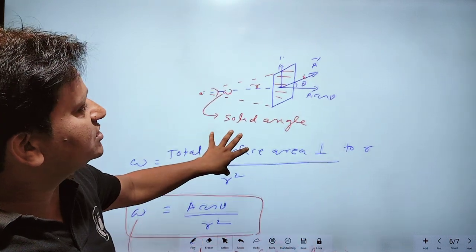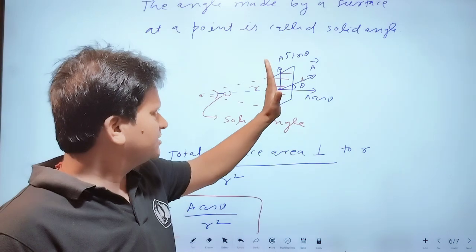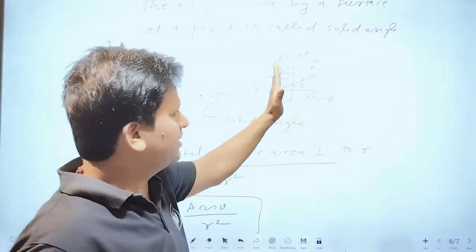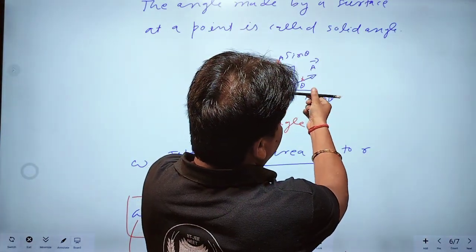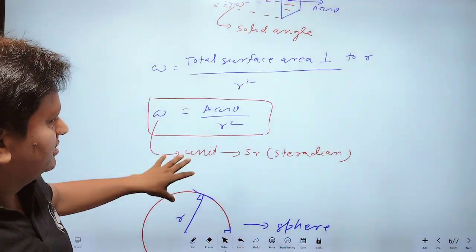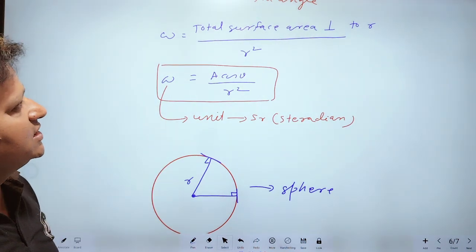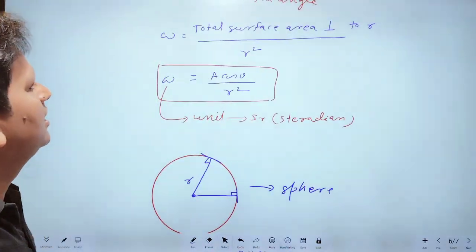We take a cos theta because this surface is perpendicular to R. Therefore, its direction will be perpendicular to this surface in this direction. That's why I take a cos theta, I cannot take a sin theta.